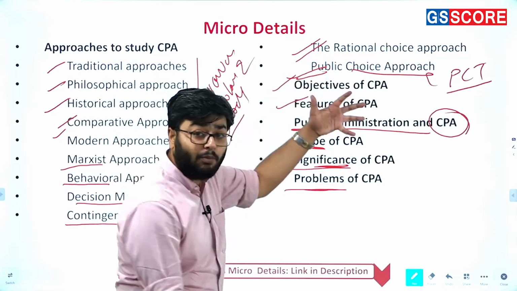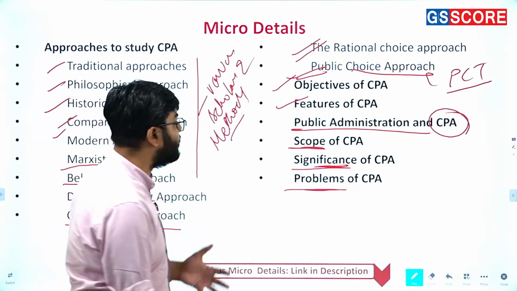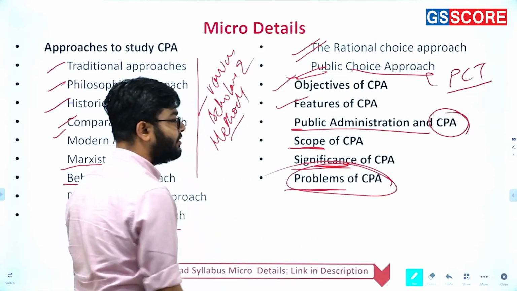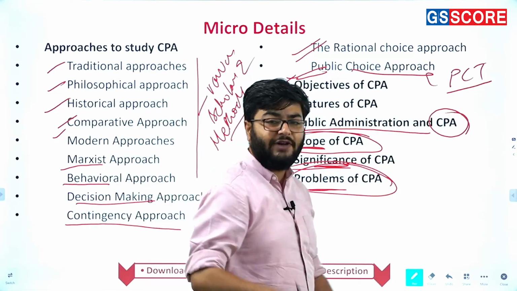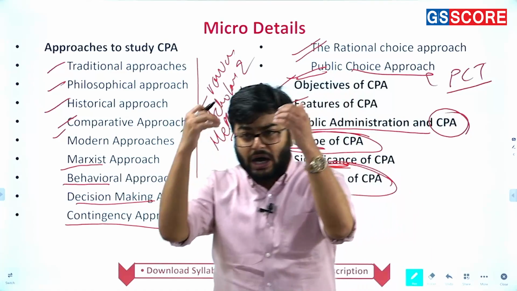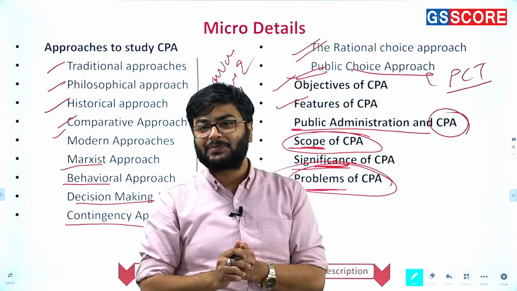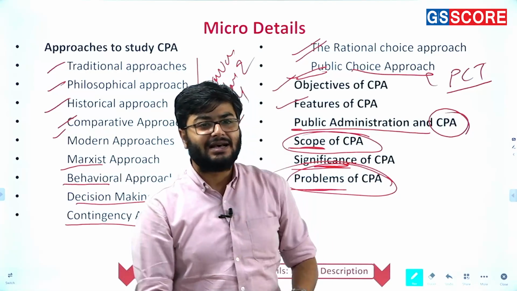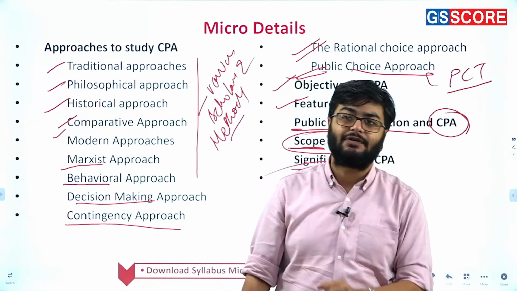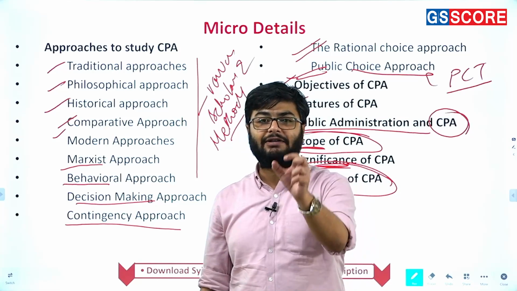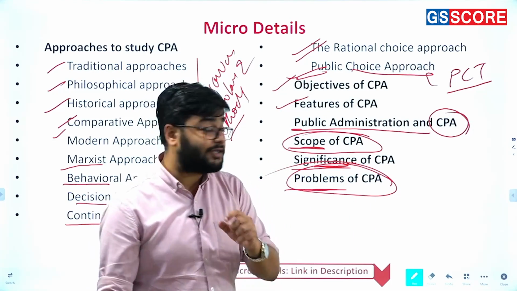So we have to boil it down to these granular topics, because the question can just be on the problems or just be on the scope, which the original actual UPSC syllabus obfuscates. And hence, this explanation of the syllabus itself is very, very important. Let us move forward.